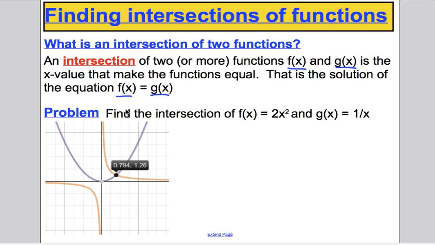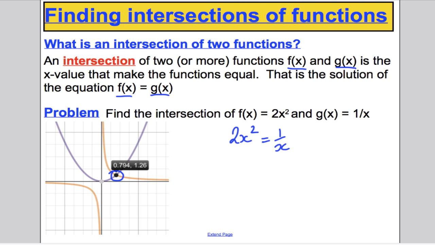Here's a problem we've got. Find the intersection of f of x is 2x squared and g of x is 1 over x. How would you do that? We're trying to solve 2x squared equals 1 over x. Easiest way, plot the graphs and see where there's a solution. And here I've identified the solution is 0.74 and 1.26.